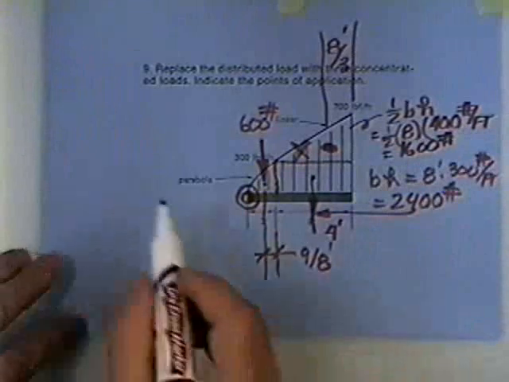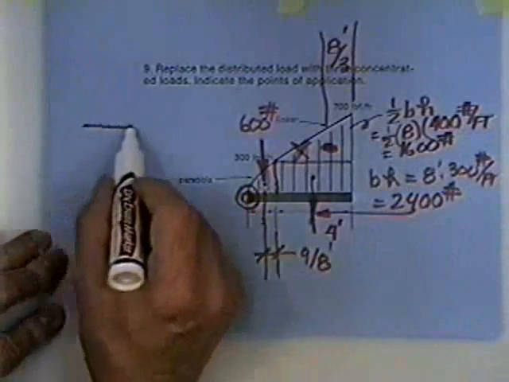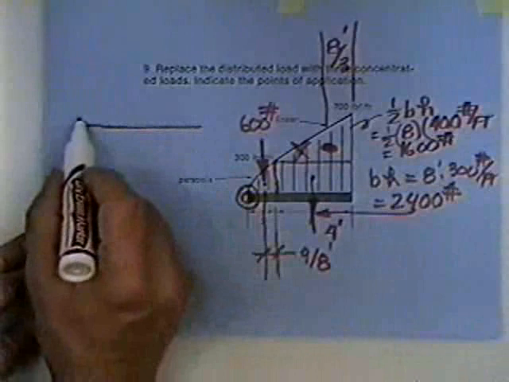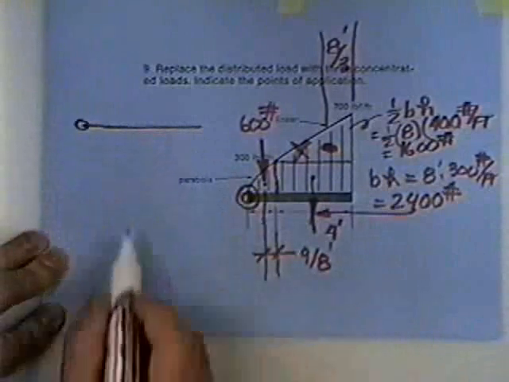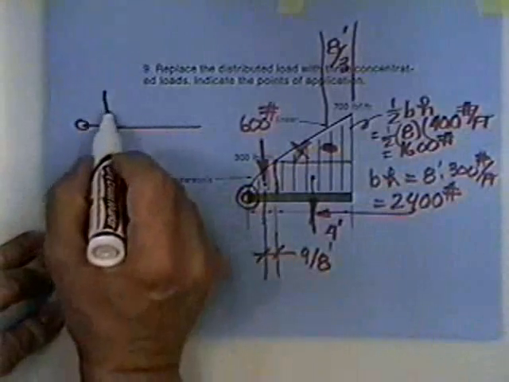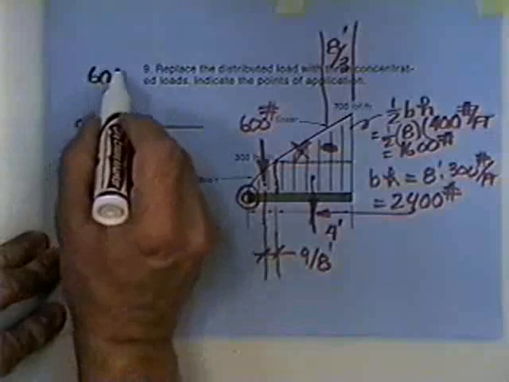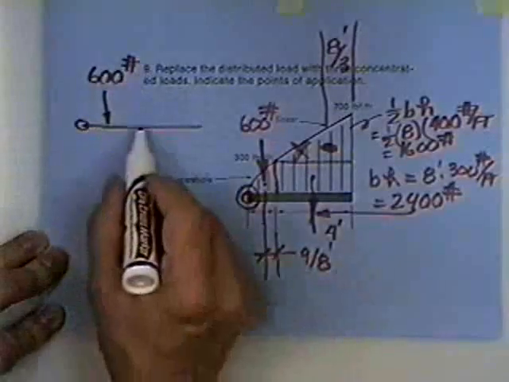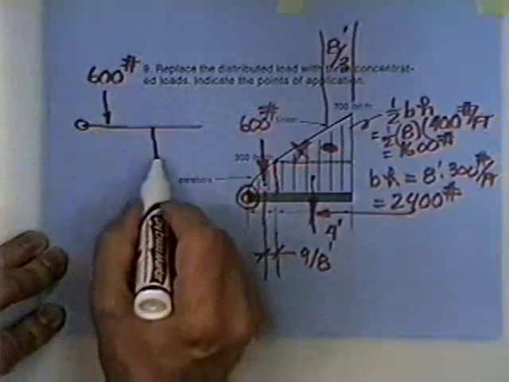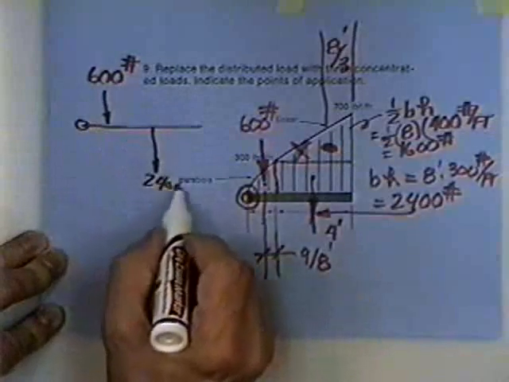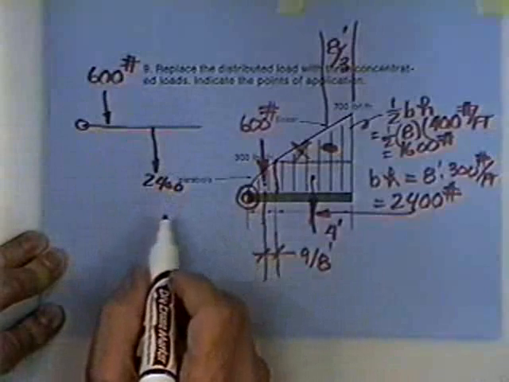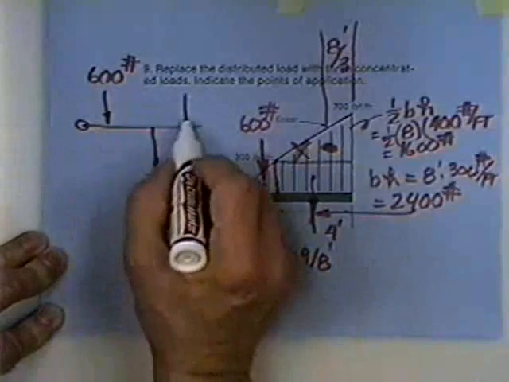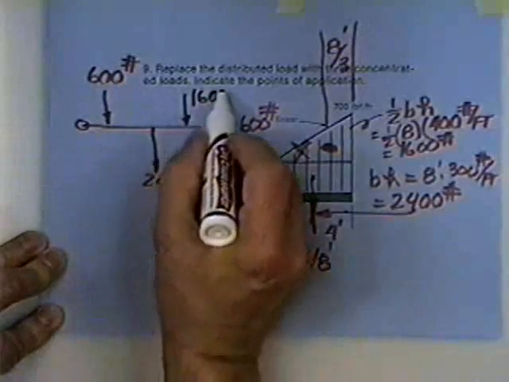So what we're really talking about is a stick tending to roll about its left end under the action of a 600-pound force, a 2,400-pound force, and a 1,600-pound force.